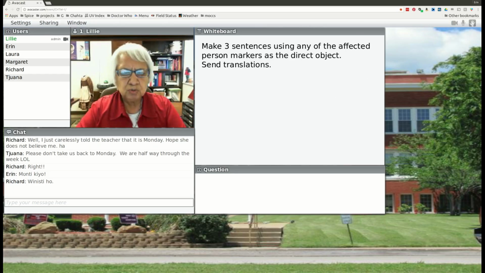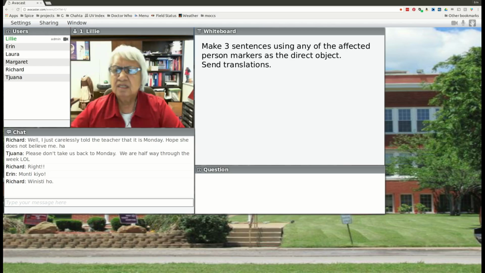You will not see two affected person markers in the same sentence where one is the subject and one is the object. We have not studied affected subjects yet, so you can't use an affected person marker as a subject, nor can you use one as the object in the same sentence. Chipipinsahu is not a correct sentence, so that needs to be restructured.